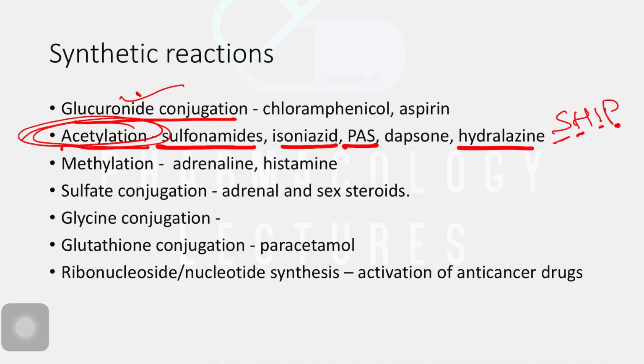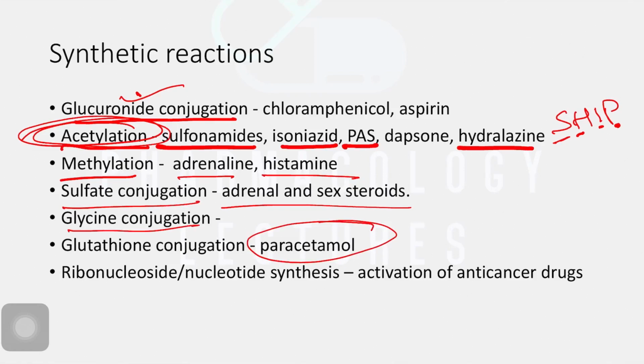acetylation-metabolized drugs. Some amines undergo methylation like adrenaline and histamine. These are amines that undergo methylation. Hormones like adrenal and sex steroids undergo sulfate conjugation, glycine conjugation. Important thing, paracetamol. Paracetamol goes under glutathione conjugation.